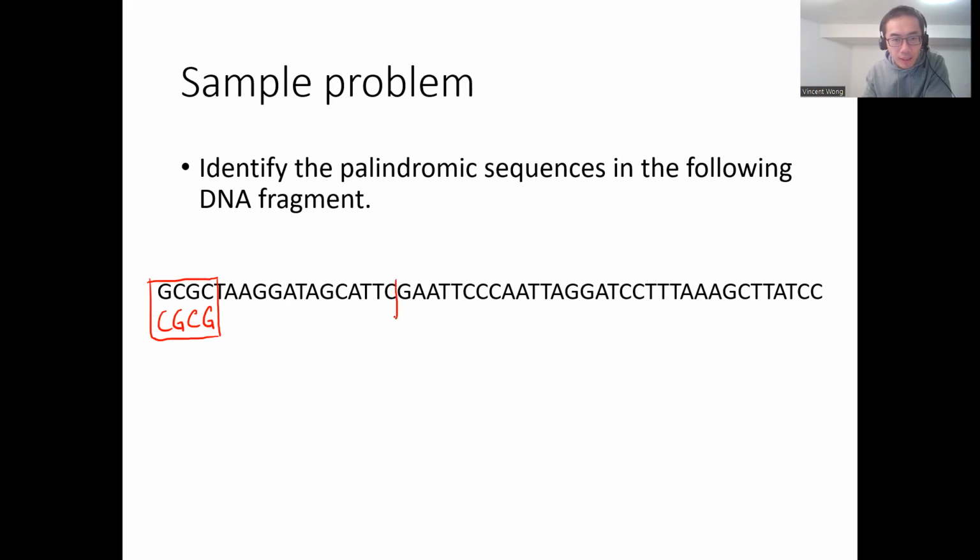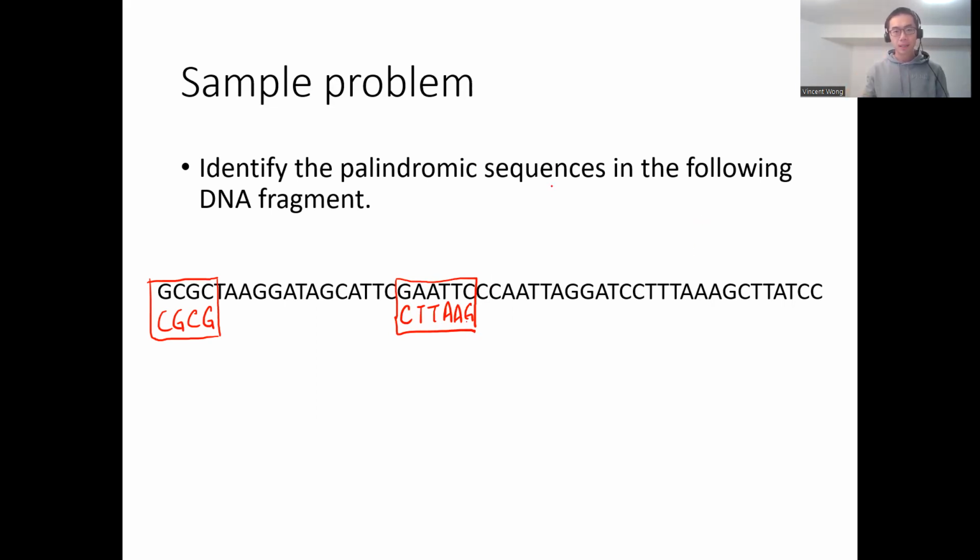Right here. Okay, let's write it out. G pairs with C, TTAA, G. So if I read it forward, it's GAATTC. If you read it on the other strand backwards, GAATTC. That's another palindrome.